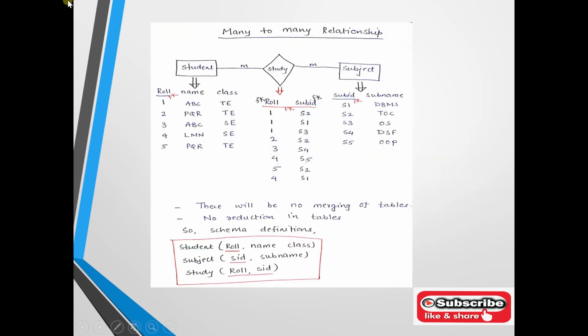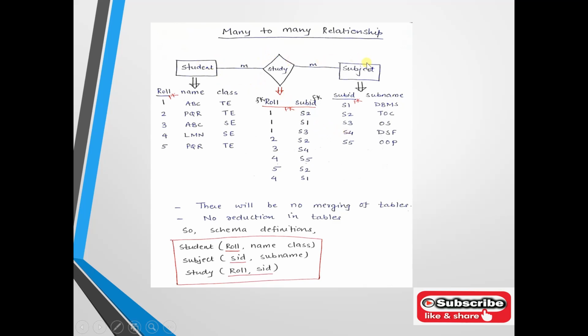So here I have drawn an ER model for student study many subjects. Many students are studying many subjects. This is a many to many relationship. So friends, here I will explain how to convert this ER model into a relational model and how many tables will be there.